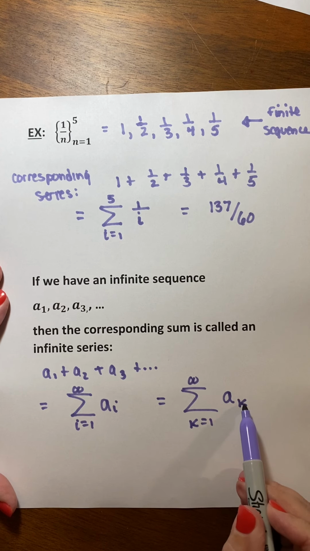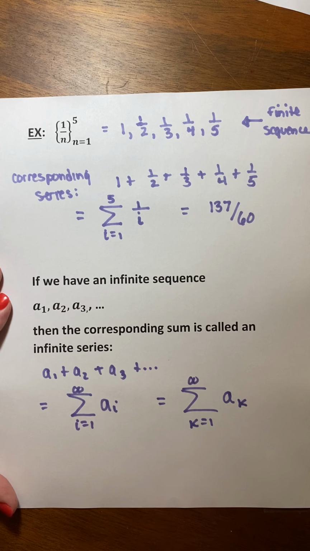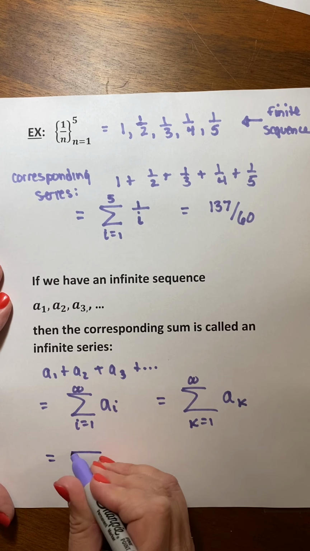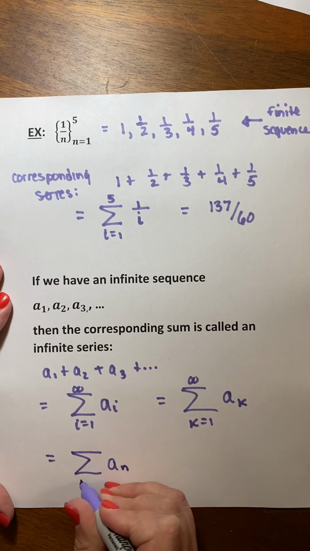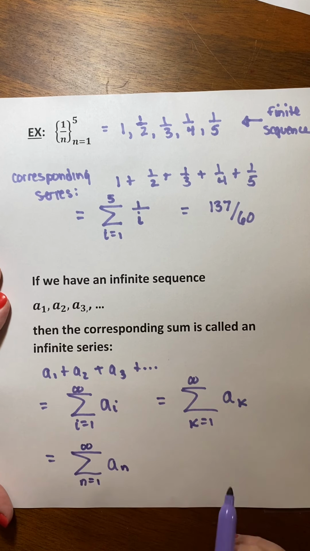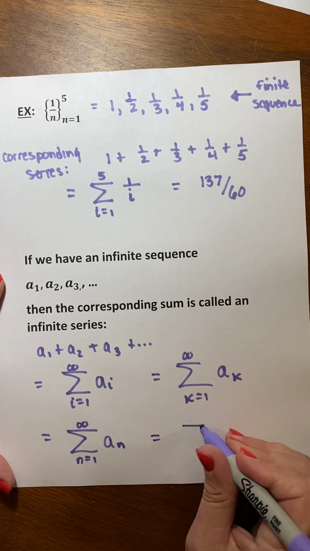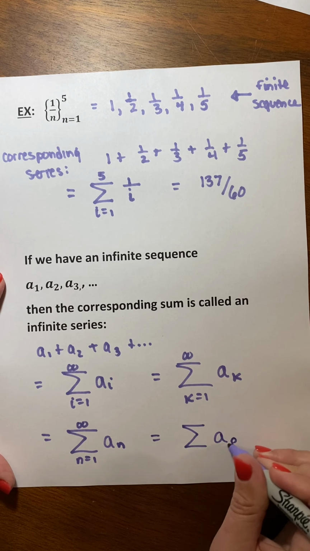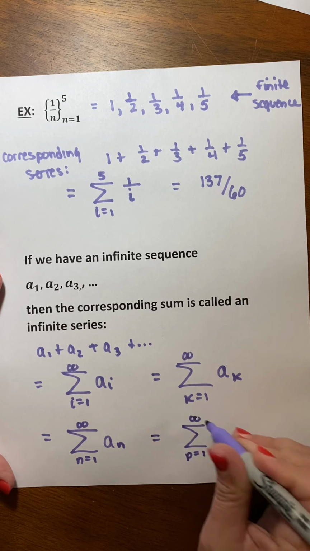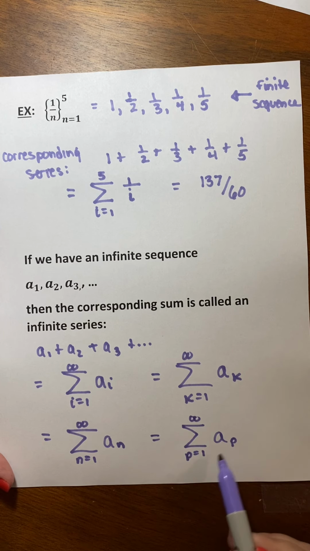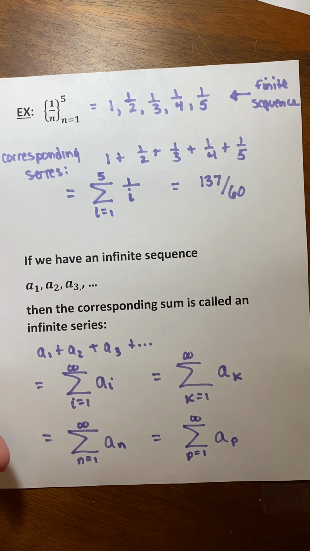So it's saying start with the first subscript of 1 and keep going forever. I could do a sub n, n equals 1 to infinity. As long as these match, we're good. I could do a sub p, p equals 1 to infinity. This just means start your first subscript at 1 and don't ever stop.